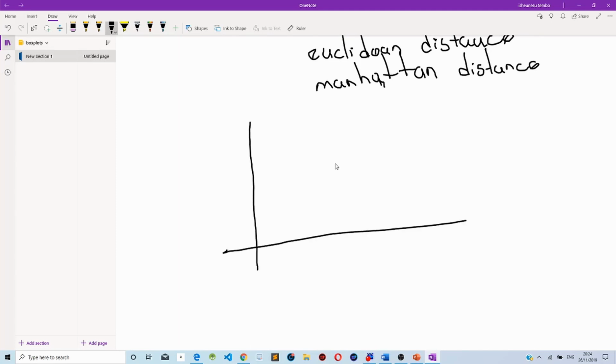Let's say we have 2 vectors in a Cartesian plane. We have a vector p1, which is given by x1 and y1, and another vector p2, which is given by x2 and y2.